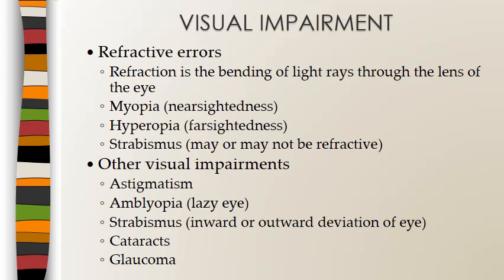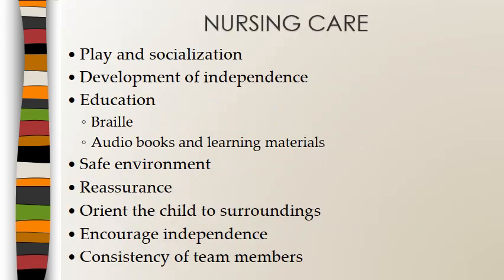Other types of visual impairments include astigmatism, amblyopia, which is lazy eye, strabismus, which can have an inward or outward deviation of the eye, cataracts, and glaucoma. These can all cause a type of visual impairment, but a lot of these are able to be corrected, whereas the previous visual impairments that we talked about are not able to be corrected.